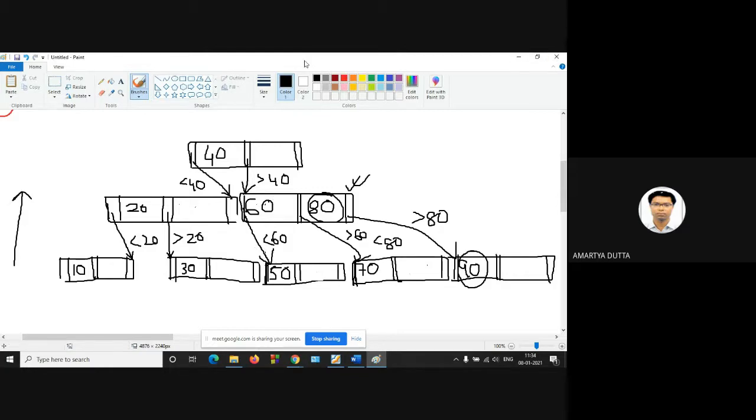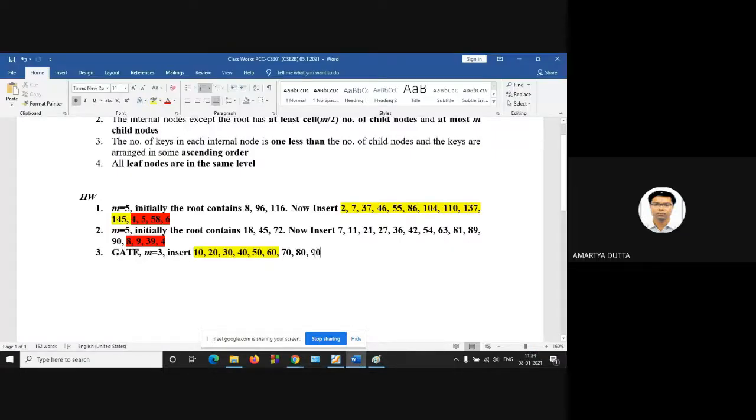Simple diagram. Yes, sir. So in the question, actually it is asked that M is 3, insert these nodes and find out the root. What is the root? And actually these particular questions are called NAT, numerical answer type.